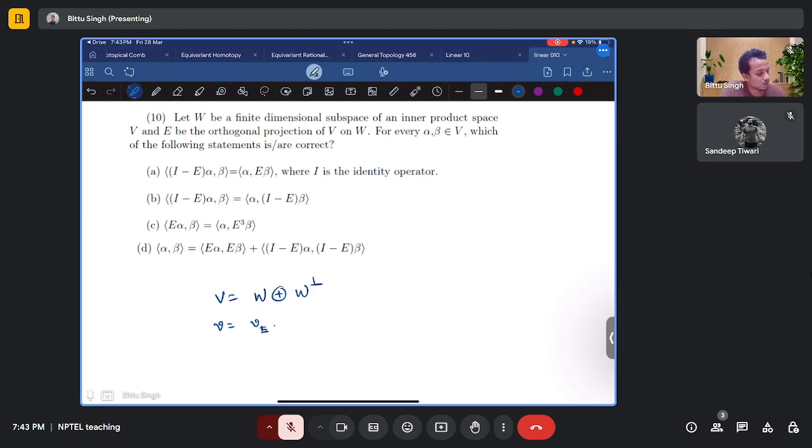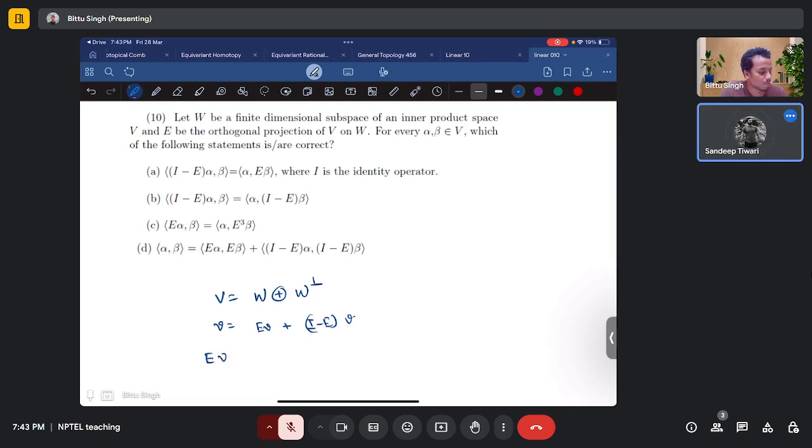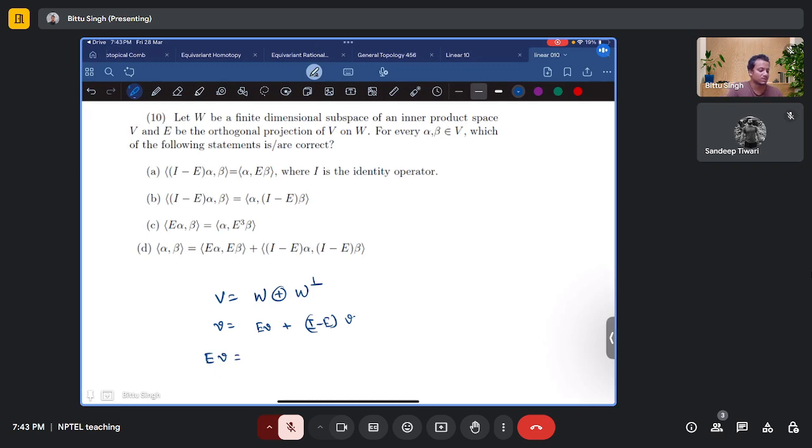Another thing is V equals EV plus (I minus E)V. So V can be written like this. What is EV? EV is in W.